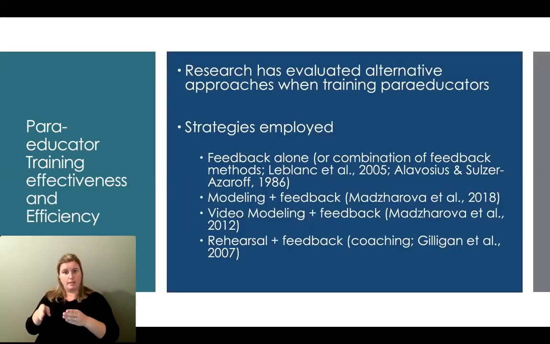What the research has suggested, which we'll probably address a little bit later, is that perhaps feedback alone has the least impact in skill development. However, the combination of feedback strategies may actually increase fidelity of implementation to optimal levels. So feedback alone or a combination of feedback methods is something that has been evaluated with a degree of effectiveness.